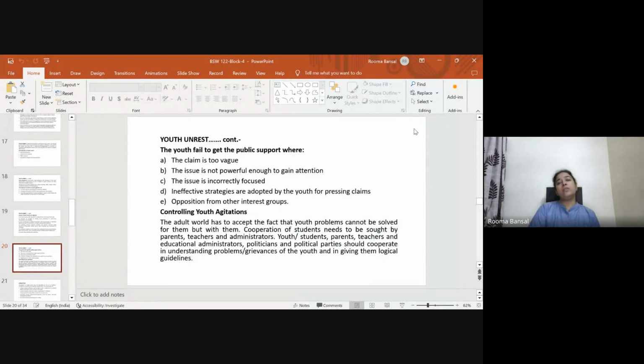Sometimes youth unrest fails to get public support. Why? Because the claim is too vague, meaning whatever they are asking is not at all acceptable and does not have any sense in their demands. Next, the issue is not powerful enough to gain attention.